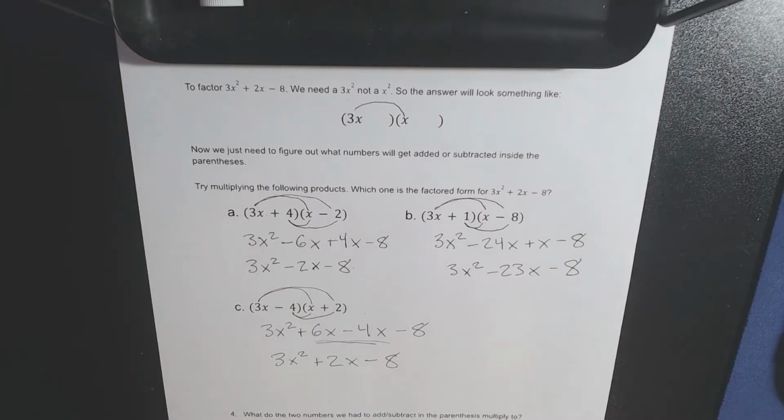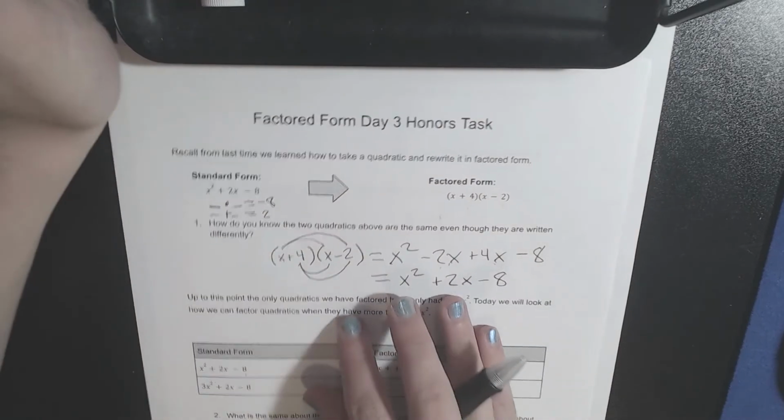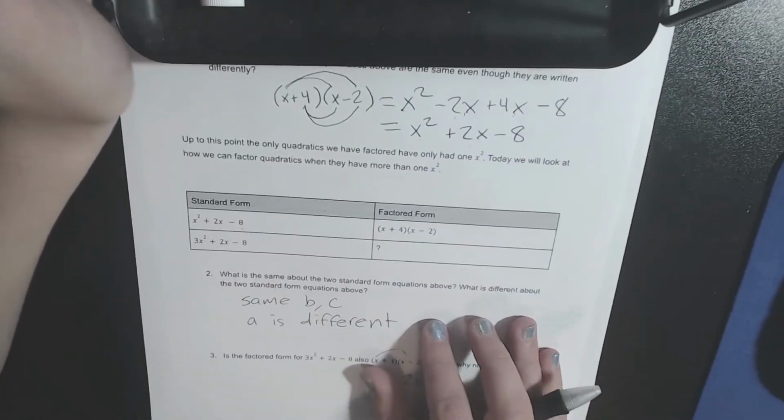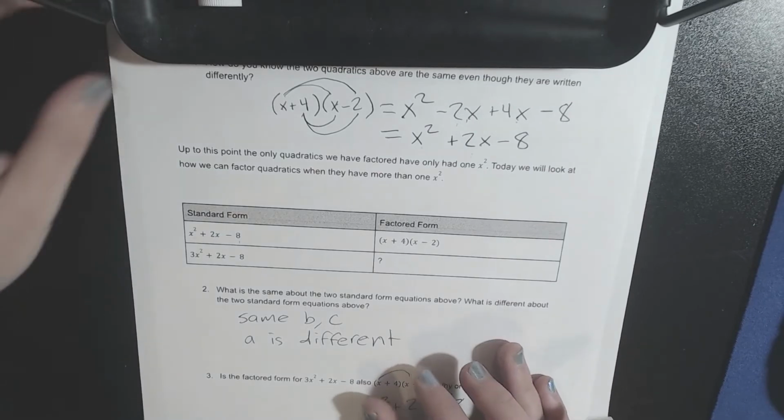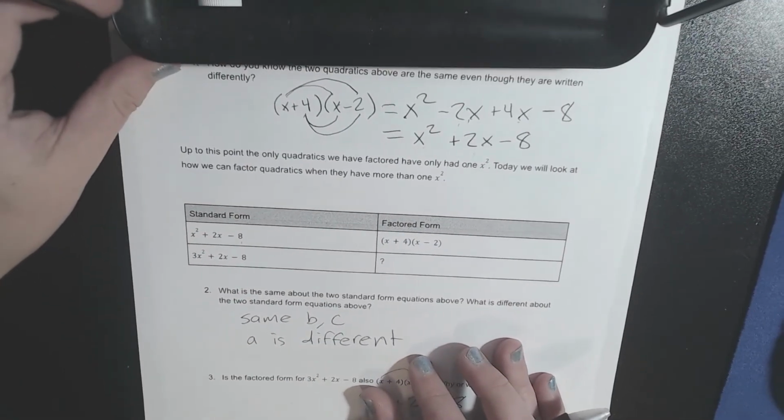Now, if we go back to what we had seen when the a was 1, back at the beginning, scroll this up a little bit.